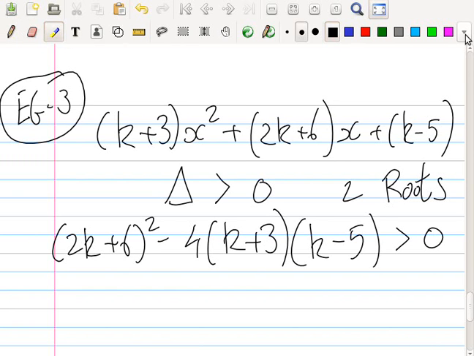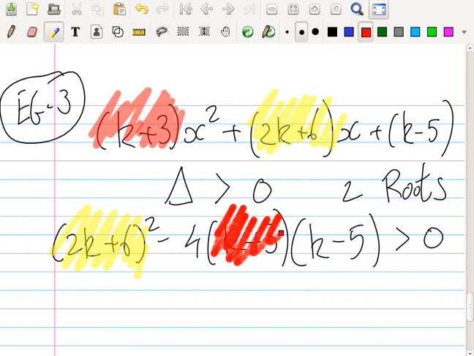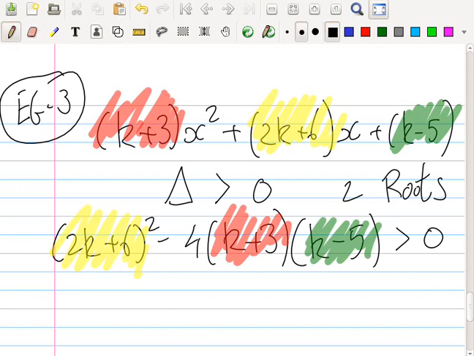What's gone wrong here for some people? Here is b squared. Colors help. 4a. Got it? I like colors. C. There we go. B squared minus 4ac.